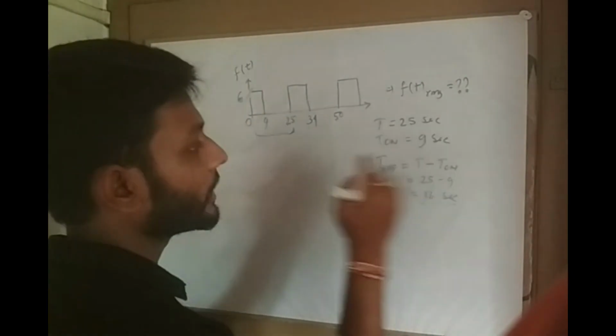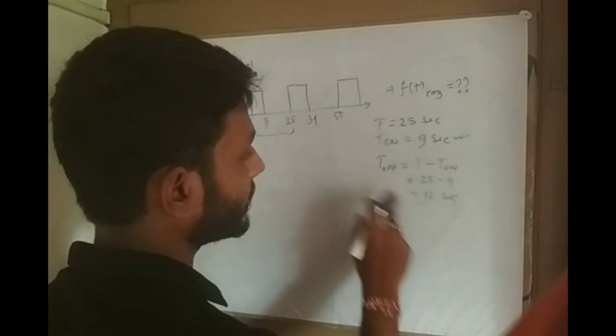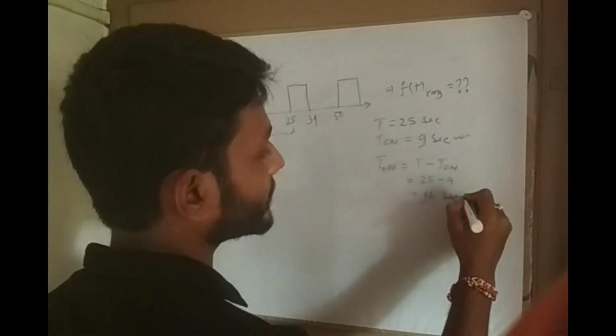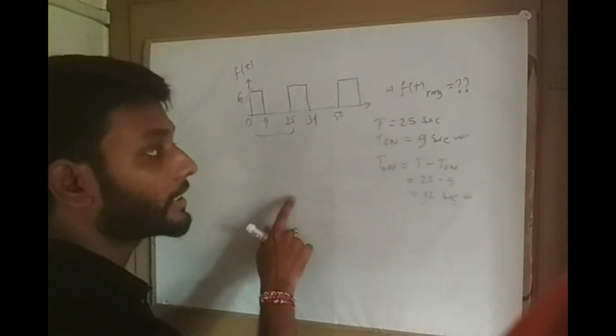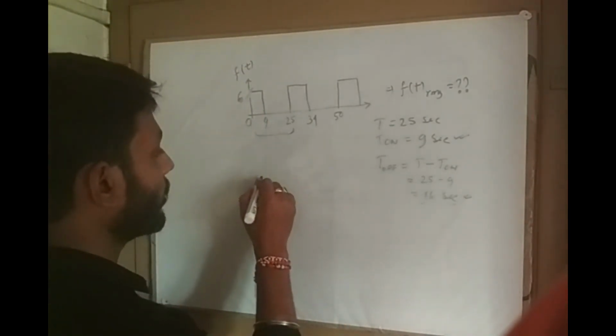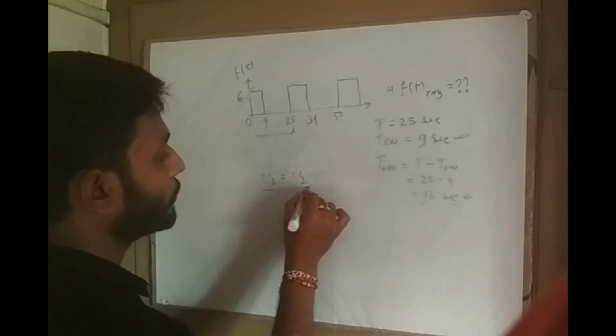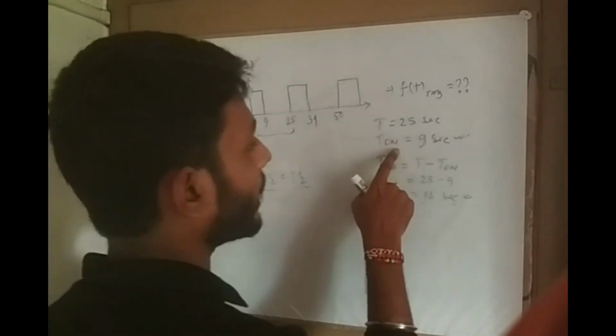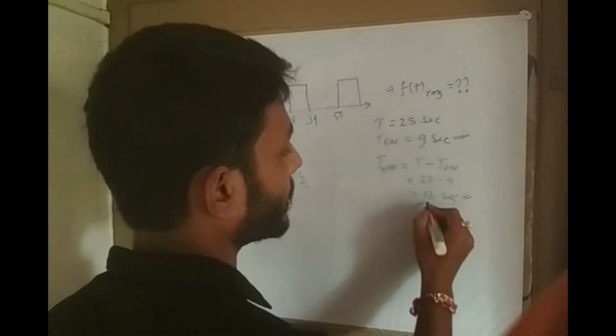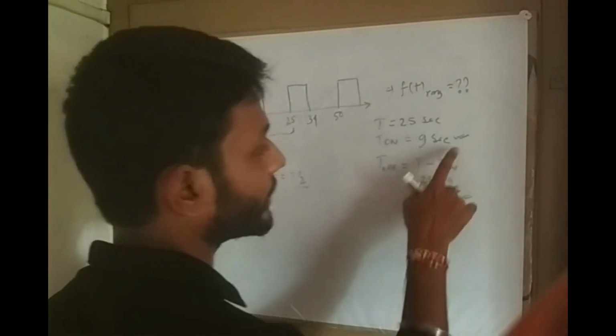Previously T on was T by 2 and T off was T by 2, both equal, but here T on is 9 seconds and T off is 16 seconds, both are different.